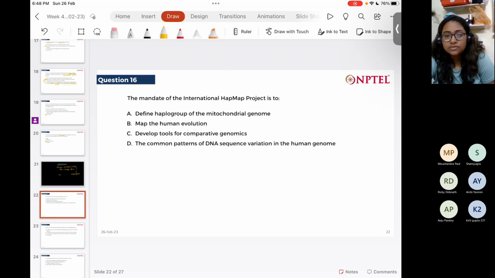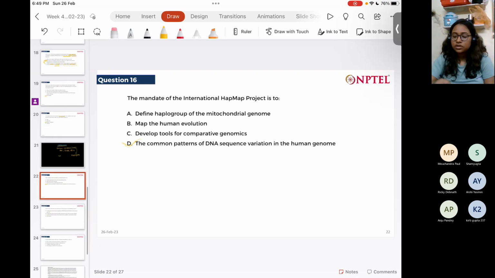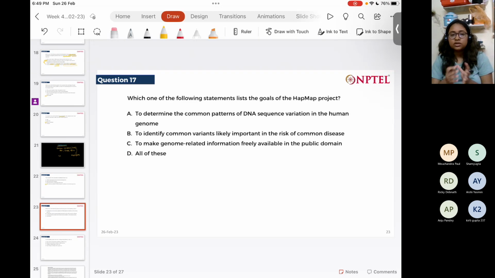So what was the mandate for the HapMap project? It's D. Yes, you are correct. It is option D. So in the HapMap project, they found the common patterns of variations, meaning common variations within the population of people.